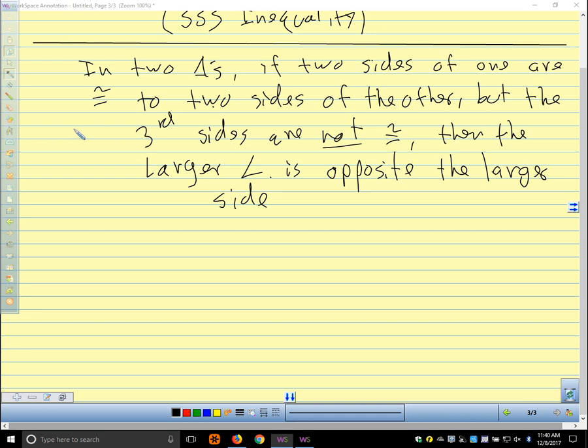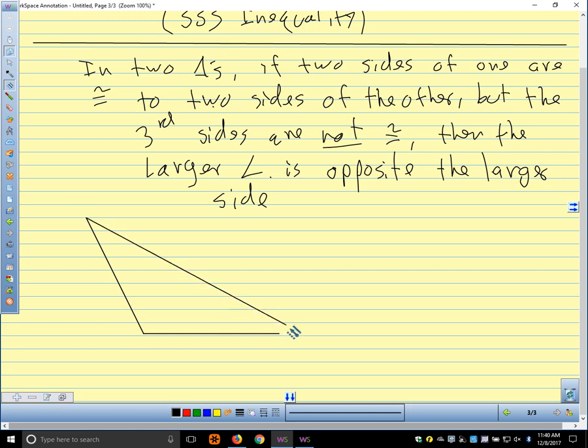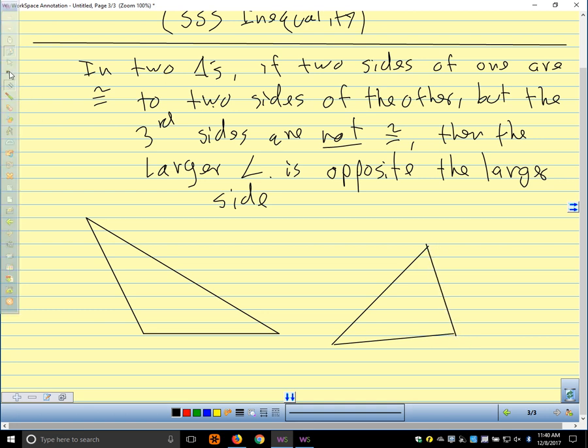And our picture really looks exactly the same. We have two triangles like so. And we're saying that this is congruent to that. Those two are congruent. Call this ABC and XYZ.